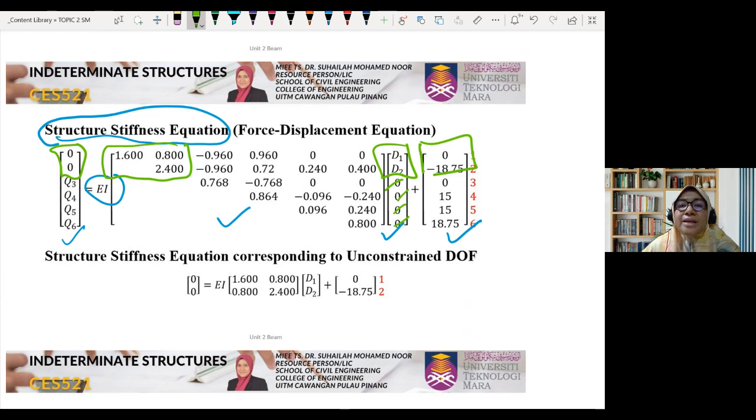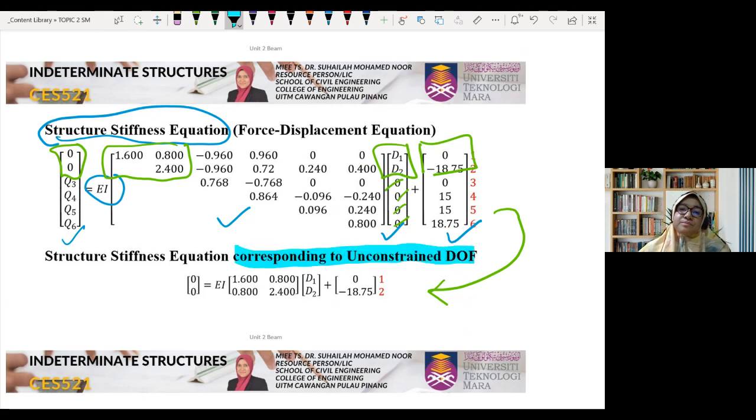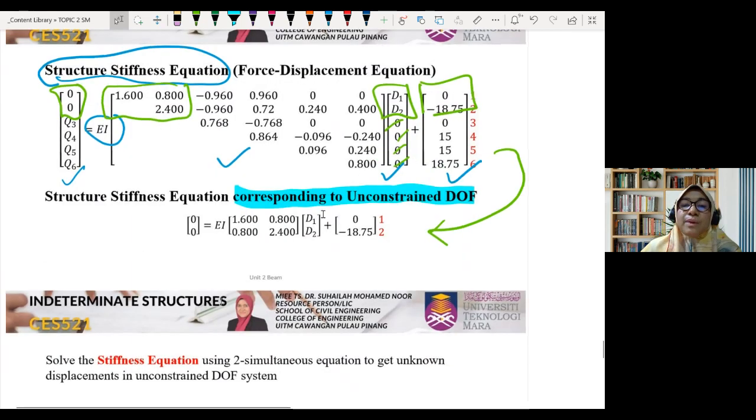That is why I simplify this big stiffness equation into the structure stiffness equation corresponding to the unconstrained degrees of freedom. So by having this, we have two simultaneous equations, and we can solve this using a calculator.